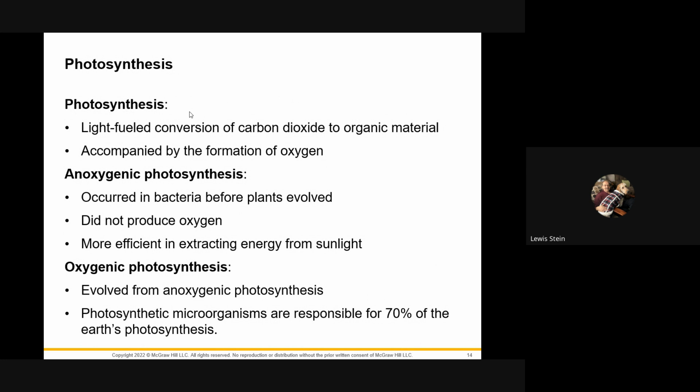Our planet is approximately 5/6 water. Most of the oxygen on our planet comes from photosynthetic organisms, in that category of microorganisms, chlorophyll-containing either bacteria or algae.